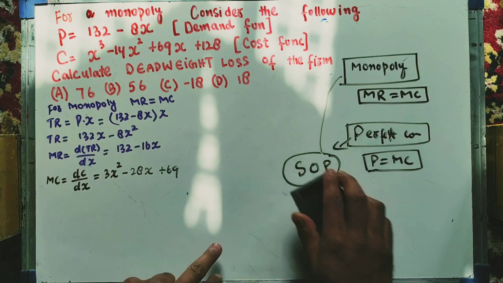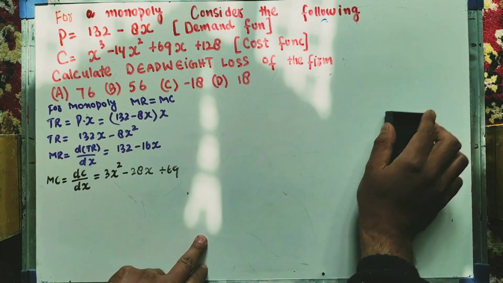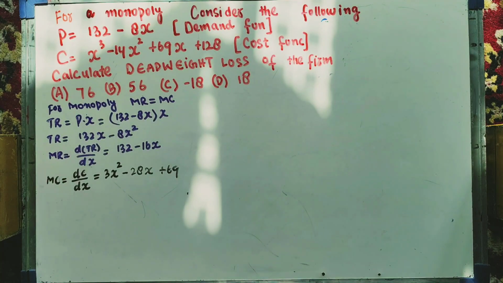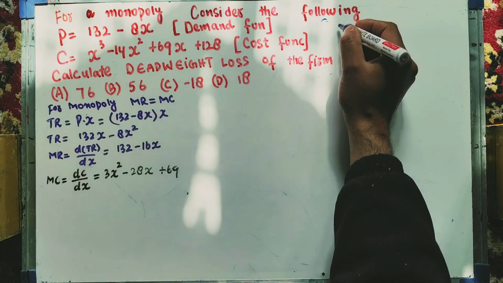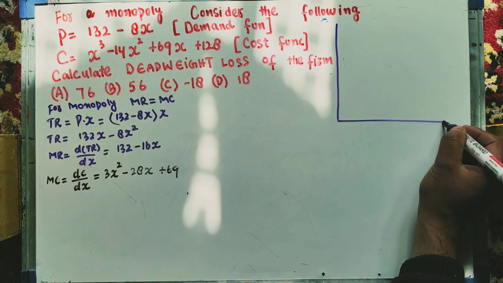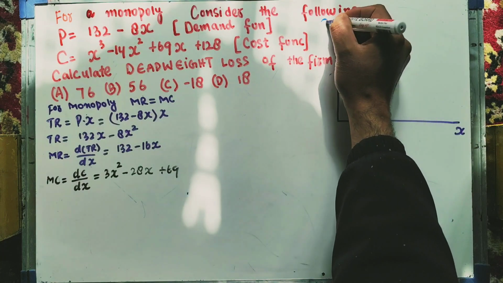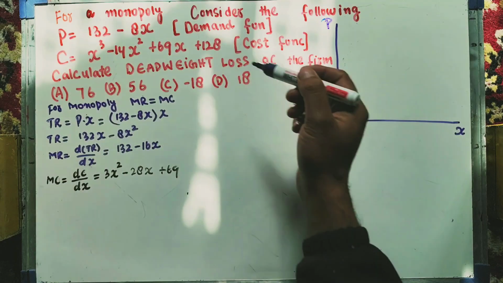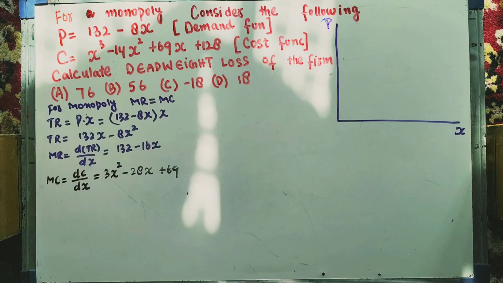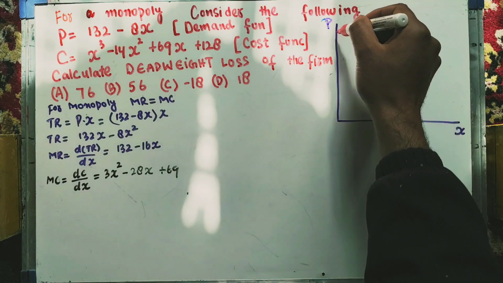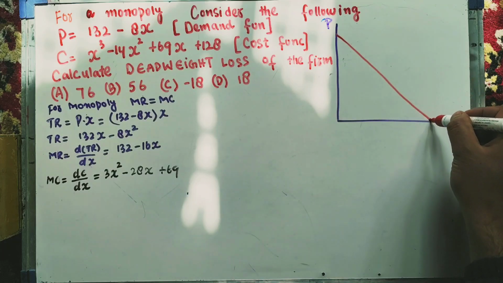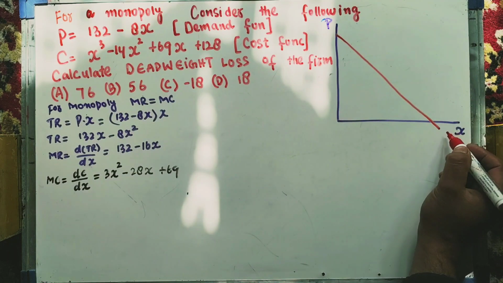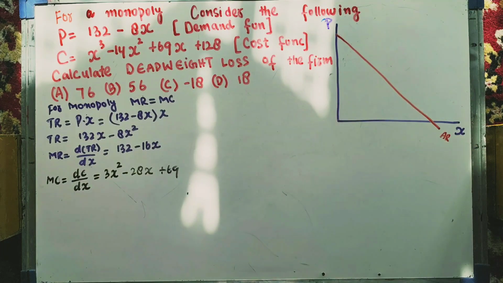And let me draw the graph here also to make things easier. Graphically, what it implies. So if I draw the graph here, we have the quantity on the horizontal axis, price on the vertical axis. We have this demand function. Okay, so let me try to draw the demand function. This is our demand function, what we call the average revenue function also.